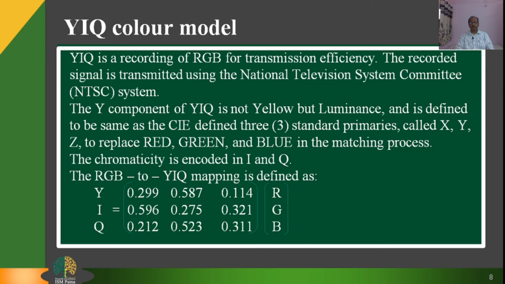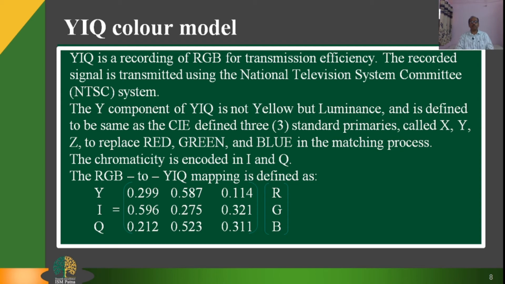For that very purpose, we see Y is equal to 0.3 red plus 0.59 green plus 0.11 blue on the black and white monitors. So, luminance is a combination of 30% of red, 59% of green, 11% of blue. The chromaticity is encoded in I and Q mode.